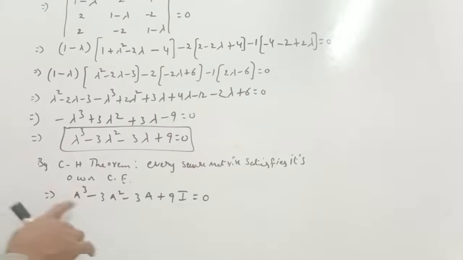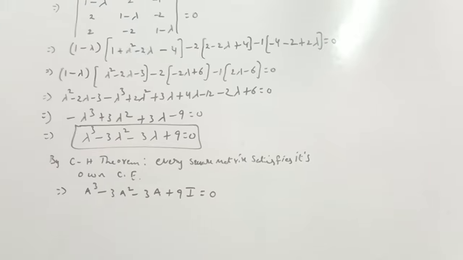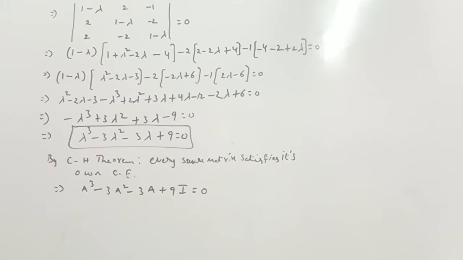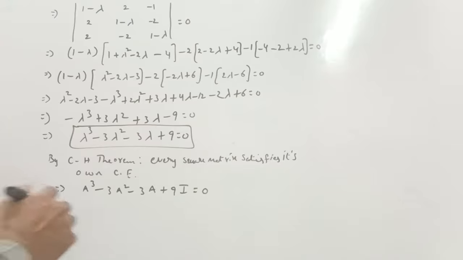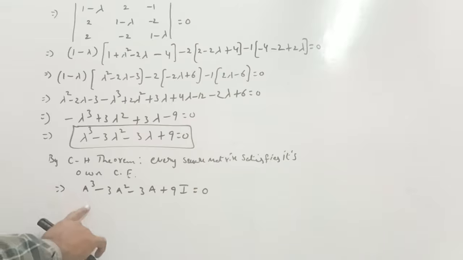Correct? So that means A cubed. The given matrix is A, so you have to find A cubed of the given matrix. Take the calculator and substitute the values here.